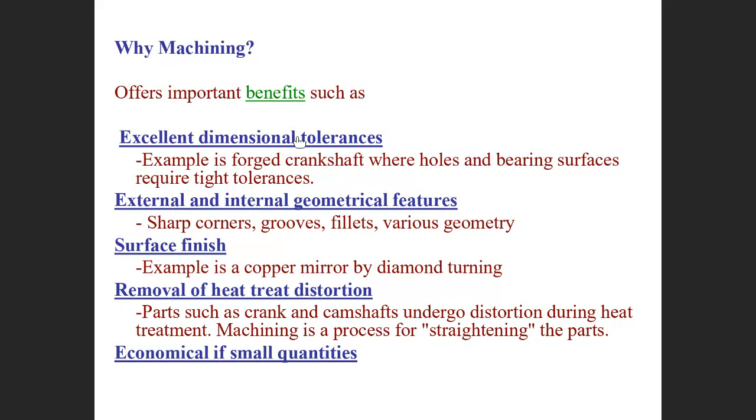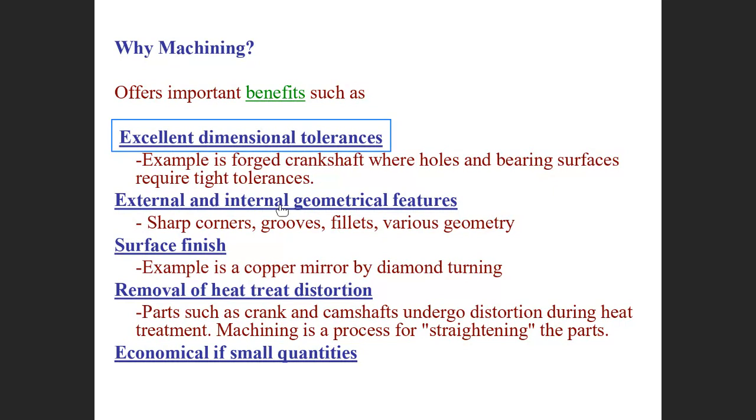Machining is very important because it provides excellent dimensional tolerance, which only can be done by machining. It is the only way to get the precision and accuracy. External and internal geometry can be done by machining.